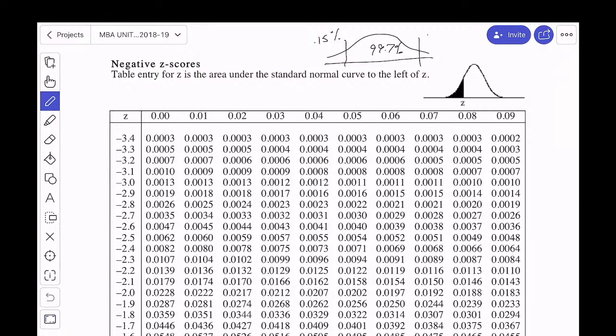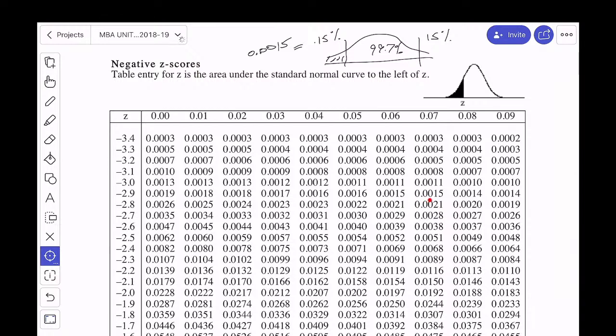But if it's 99.7 in the middle, then it's 0.15% on either side. Or in other words, 0.0015. So we look for this number inside on the left side, because that's what the table gives us, and look for the value. So 0.0015 is here. Or you could use Excel. That's the other way to do this.